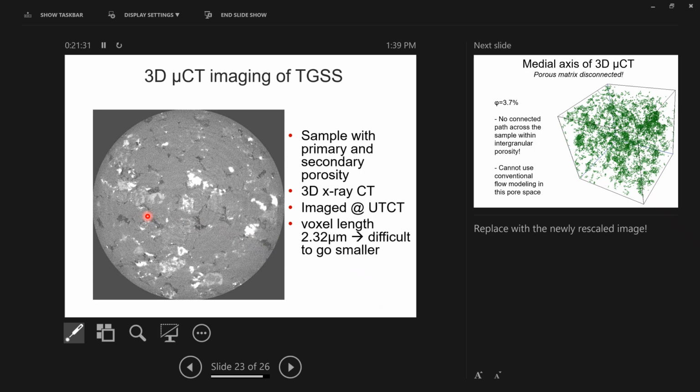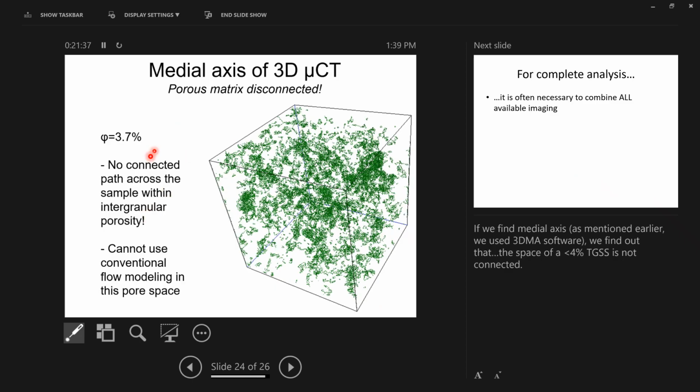So you have to be sensitive to the fact that whatever it is that you image with, in this analysis I had 4% porosity, and that's simply volumetrically not enough to connect across. So I would have to somehow aid this information with those SEM images if I wanted to learn what the connectivity is in actual three-dimensional space.